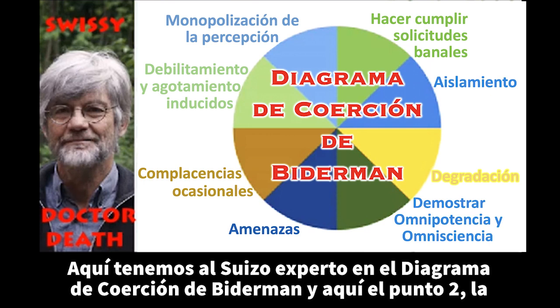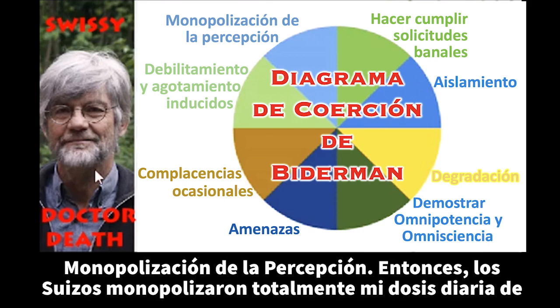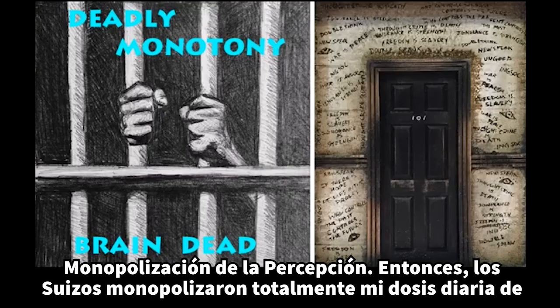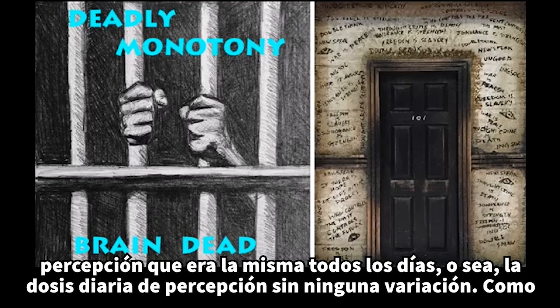And here point 2, the monopolization of perception. So the Swissies entirely monopolizing my daily intake of perception, which becomes the same every day. I mean, the daily intake of perception, without any variation.